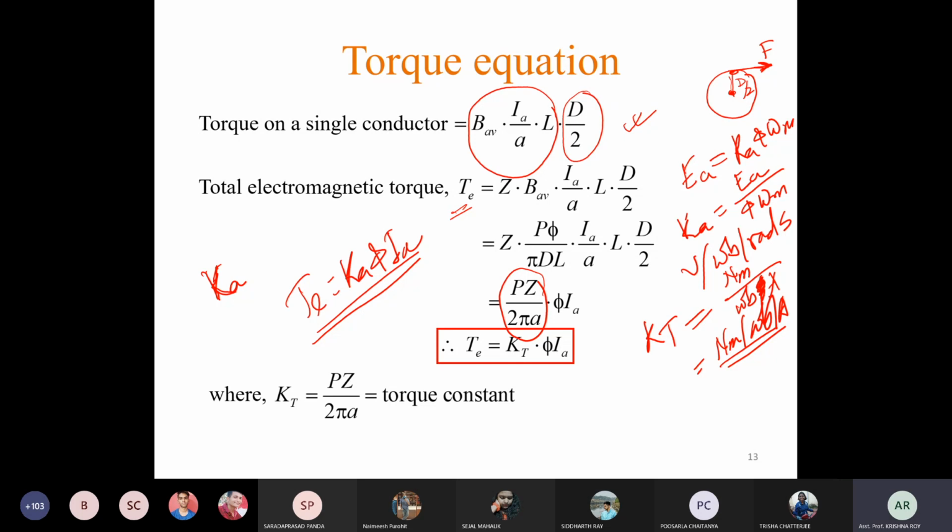So Kt and Ka are not the same, but their magnitudes are the same. Since they have different dimensions, they are basically different. Is it clear? Anyone having any doubt?